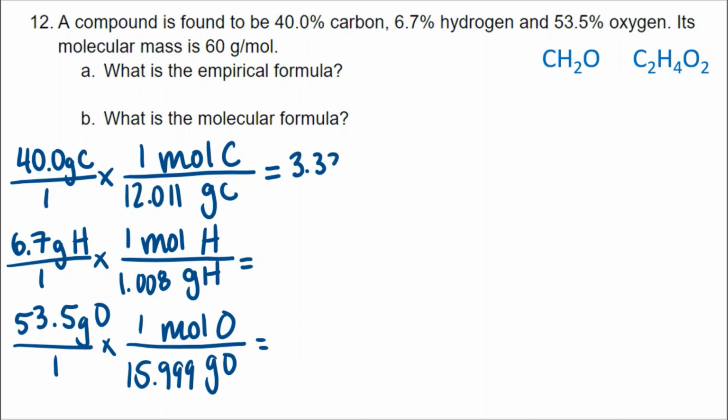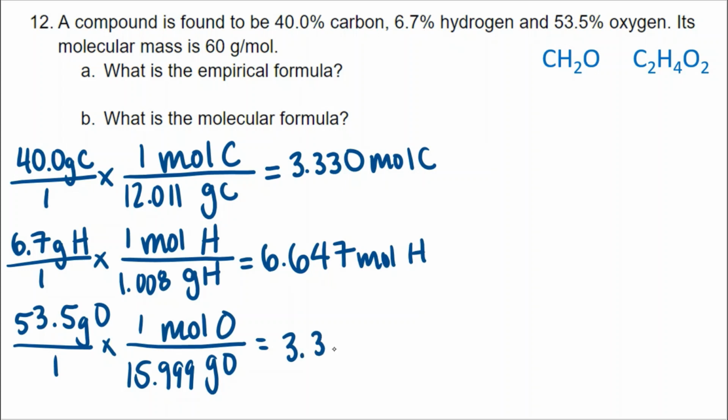So this is going to give me 3.330. 6.7 divided by 1.008 gives me 6.647. And this last one here, 53.5 divided by 15.999, I'm going to get 3.343.